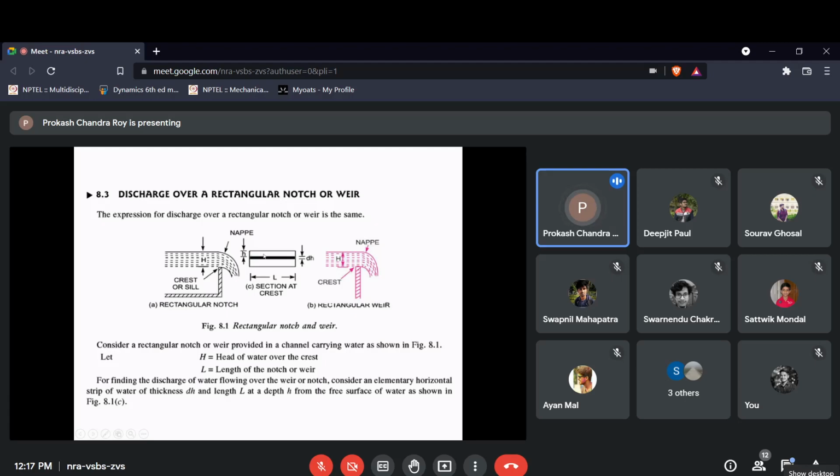H is the distance below the free surface.